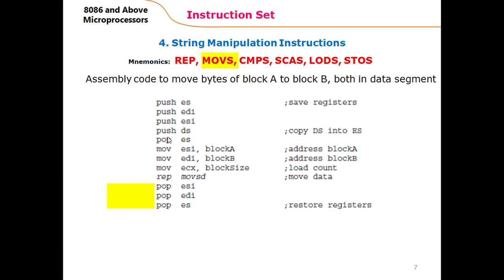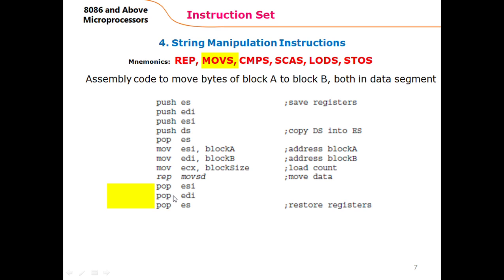As the stack pointer at this stage points to the top of stack, that top of stack would store the value of source index, because it was pushed last, and when that is retrieved, the stack pointer would now point to the top of stack, which is storing the old DI, and that is popped from that location.